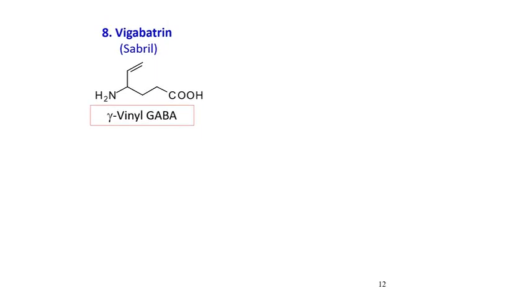Vigabatrin is one of the gamma aminobutyric acid derivatives, and as we can see, it is a gamma vinyl derivative.